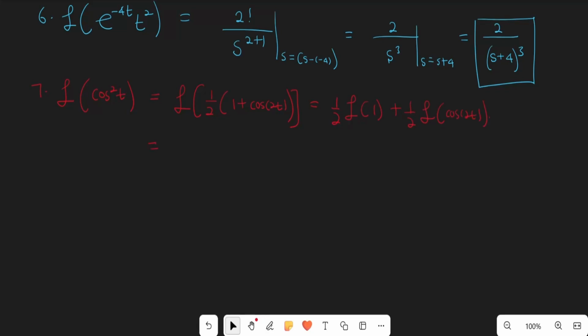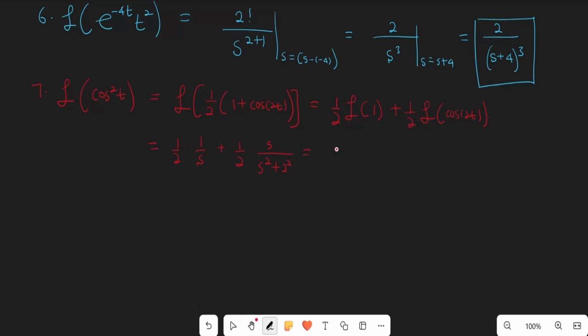So this one is equal to 1/2 times the Laplace transform of 1, which is 1 over s. That is the first one in our table, plus 1 over 2 times the Laplace transform of the cosine of 2t. The Laplace transform of the cosine of at is s all over s squared plus a squared. So this is going to be s divided by s squared plus a, in this case a is 2, so that is 2 squared.